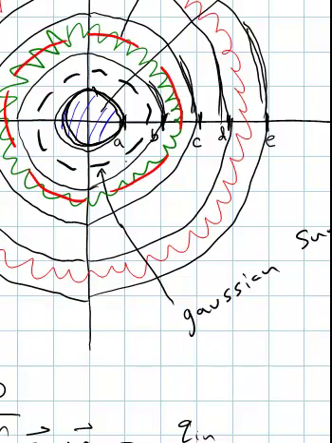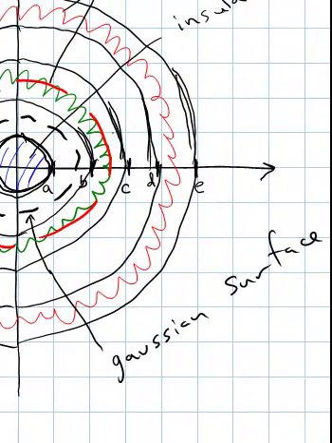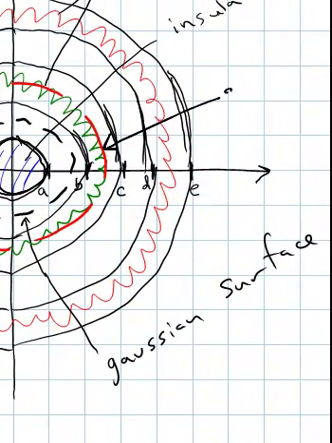And so we have to have negative Q1 somewhere else inside of our new Gaussian surface, because the net charge has to be 0 inside of this red Gaussian surface.